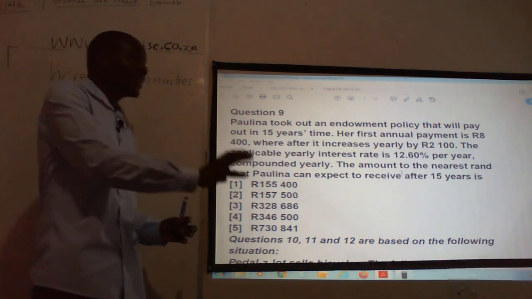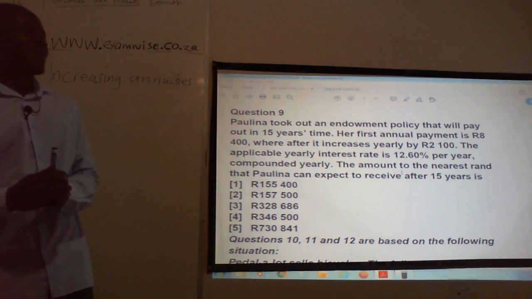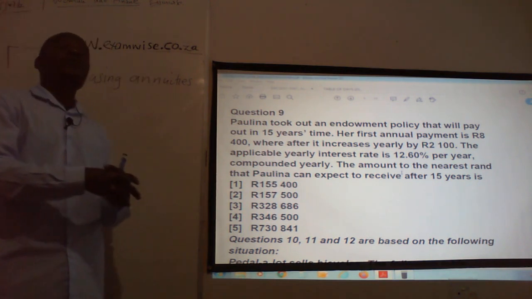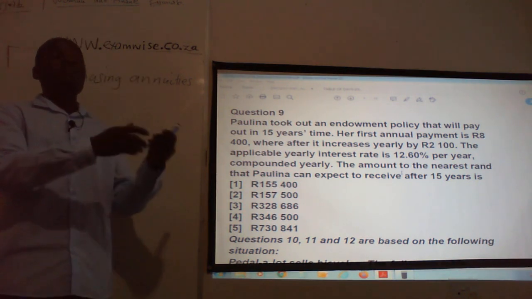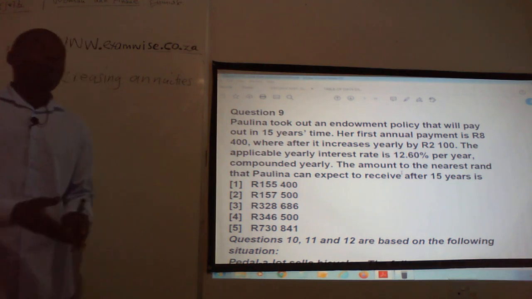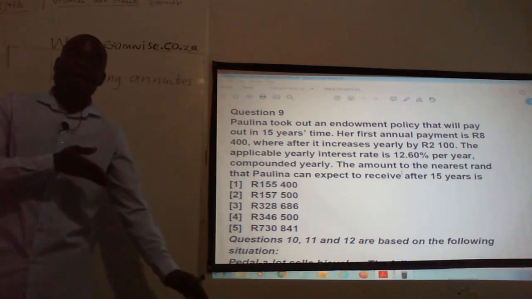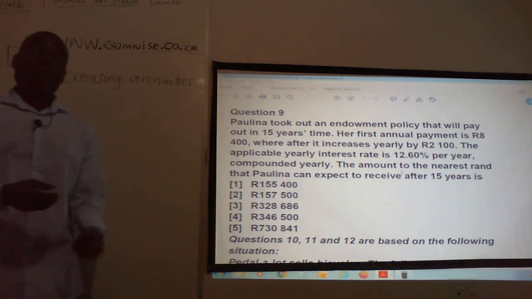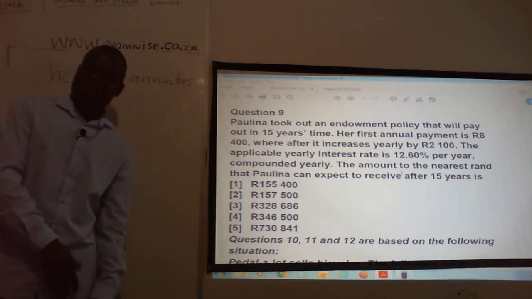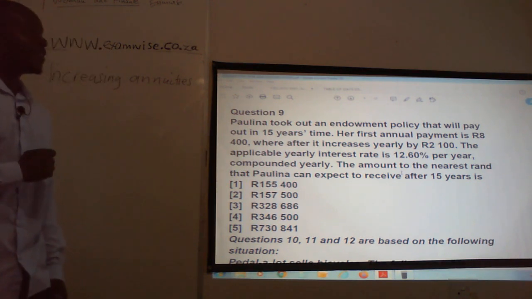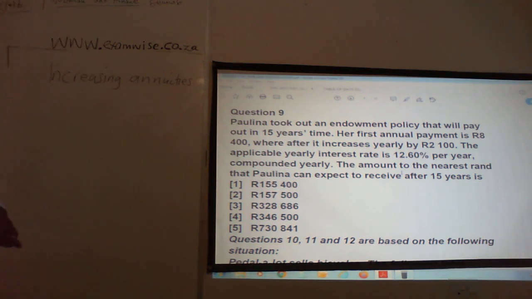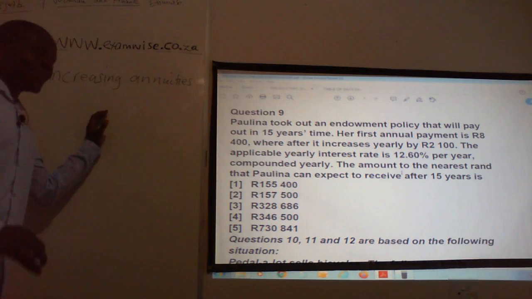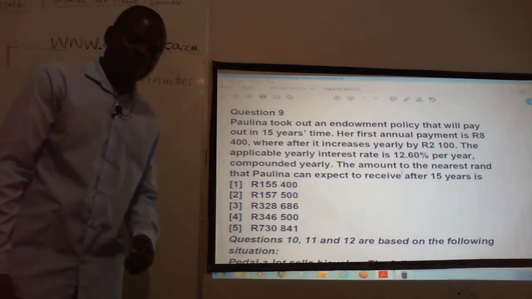You are making a series of payments into a particular account, but these payments are not equal, but increasing by the same amount each and every year, or by each and every deposit.